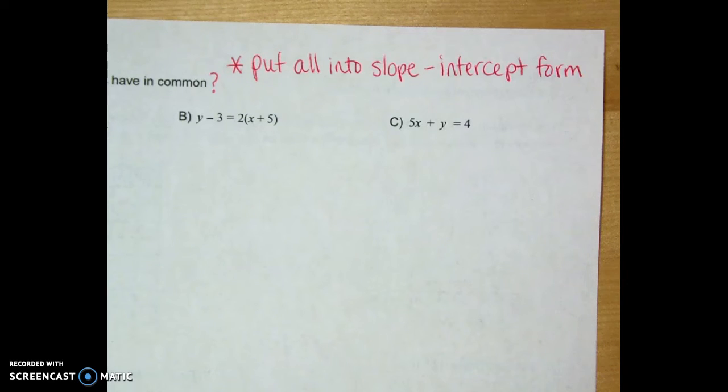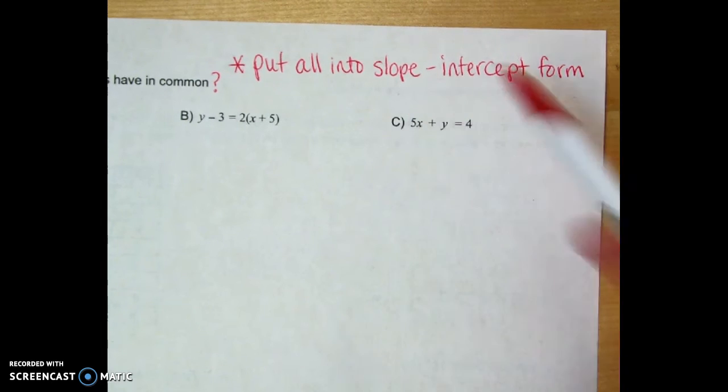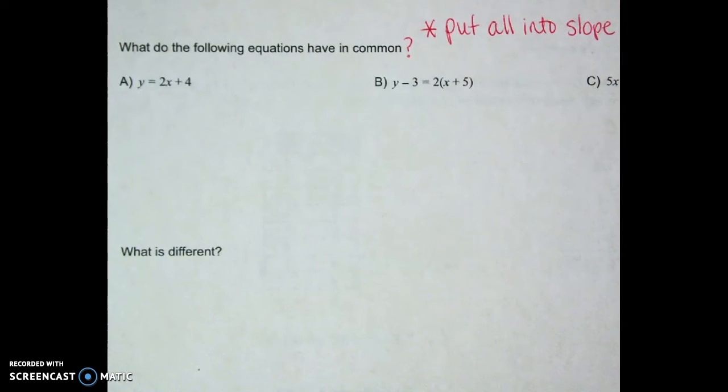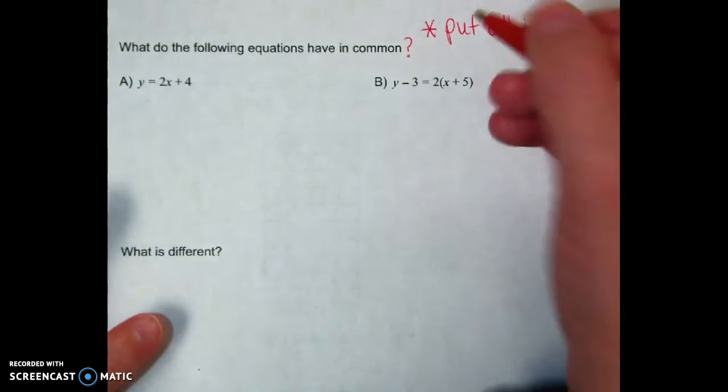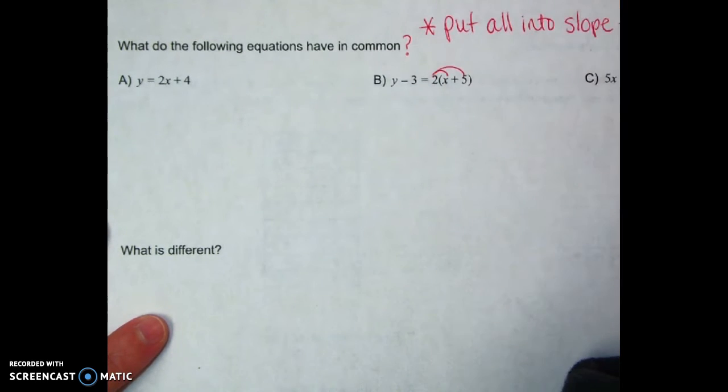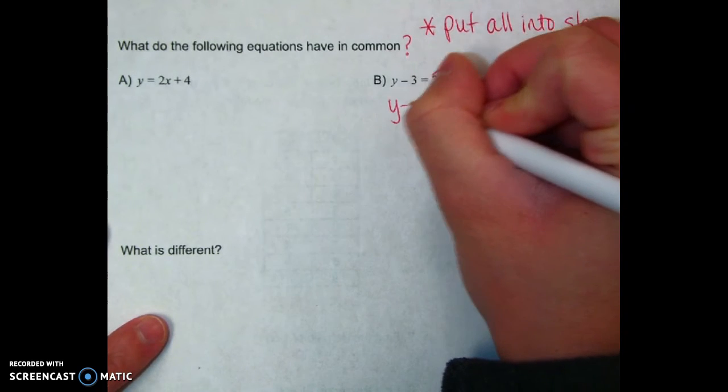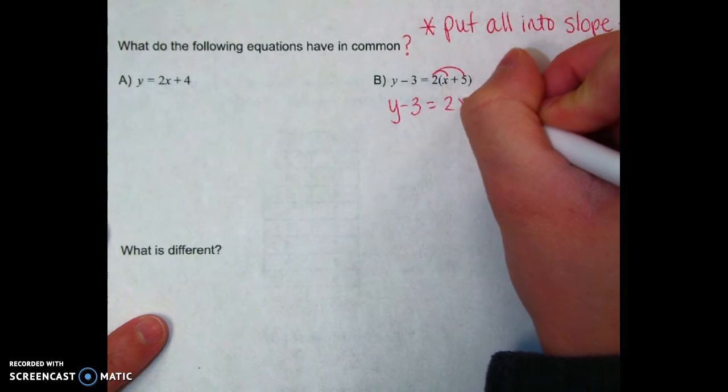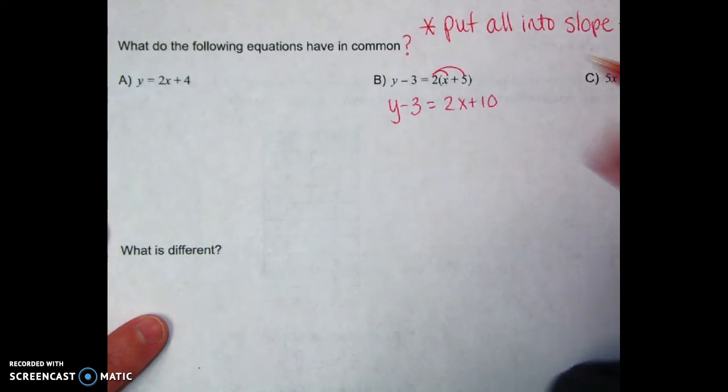That is because you want to compare their slopes and their y-intercepts, and slope intercept will tell you both of those things. So for B, to change it into slope intercept form, I need to get y by itself. So first thing I'm going to do is distribute the 2. So y minus 3 equals 2x plus 10.